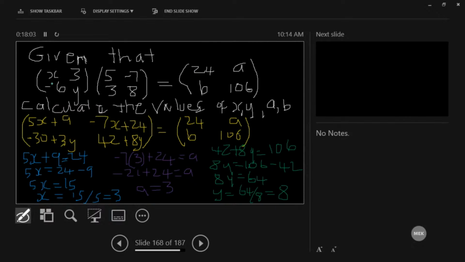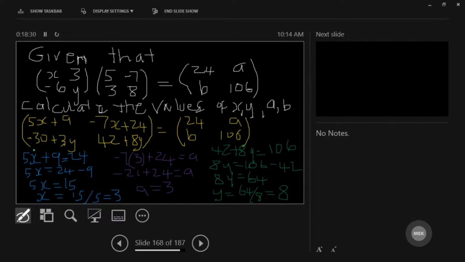So it's x times 5, which is 5x, 3 times 3, which is 9, x times negative 7, which is negative 7x, and 3 times 8, which is 24, negative 6 times 5, which is negative 30, y times 3, which is 3y, negative 6 times negative 7, which is positive 42, y times 8, which is 8y.